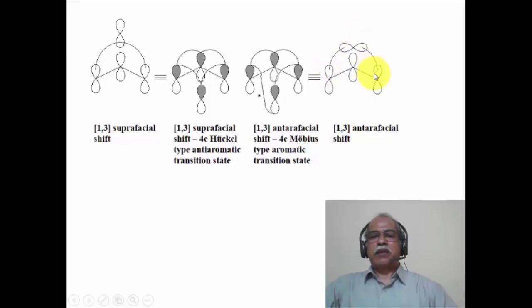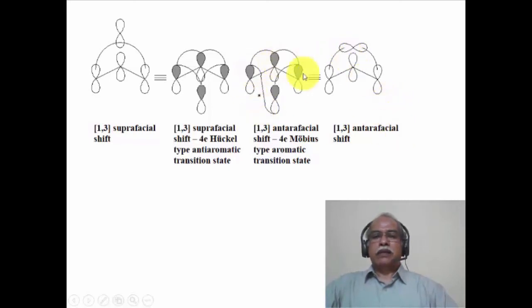If you look at this picture, it is very clear. Originally this lobe was attached here and now it is migrating to this particular carbon. A 1,3 shift is what is taking place in this particular case. So you can see here with respect to the pi framework it is suprafacial, but with respect to this carbon which is migrating it's antarafacial, because originally this is the bonded lobe, whereas now the bonding is happening from the opposite side, from the other lobe of that particular carbon.